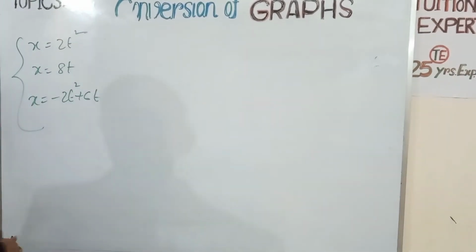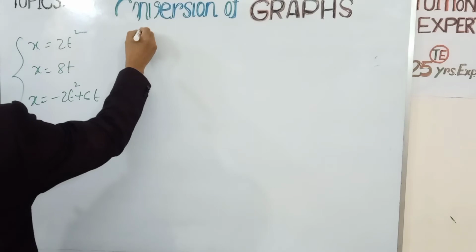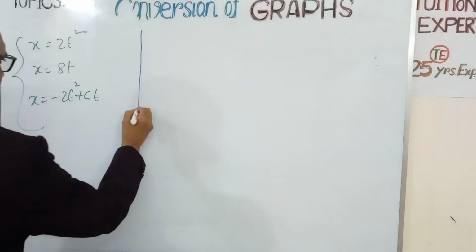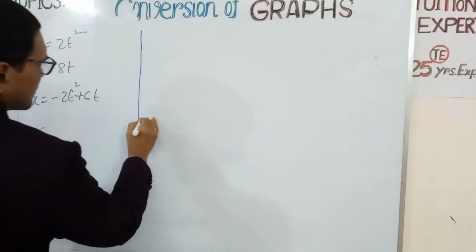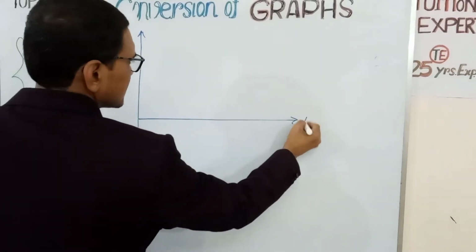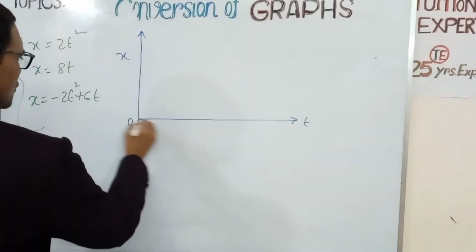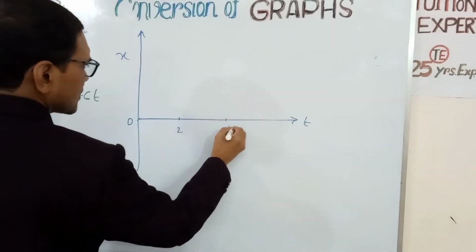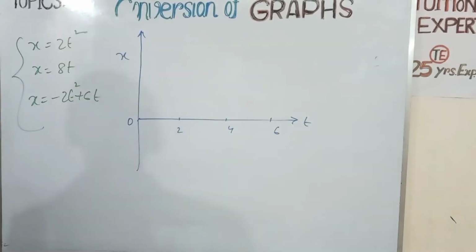Now we can draw the xt graph. What is the xt graph? So x versus t, now 0 to 2, 4, 6. For x equal to 2t square, the graph is a parabola.